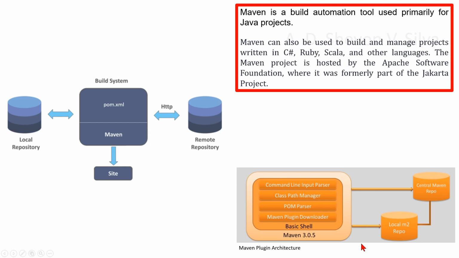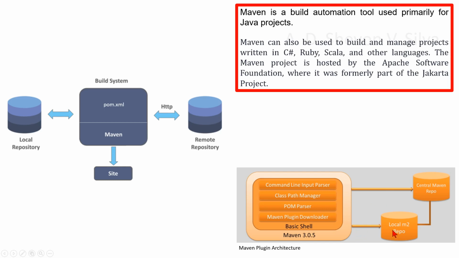Here you can see Maven 3.0.5, and inside it you can see the basic shell. Inside it you can see command line input parser, class path parser, class path manager, POM parser, Maven plugin downloader, and Maven 3.0.5 is connected to Maven Central Maven repo in this diagram.